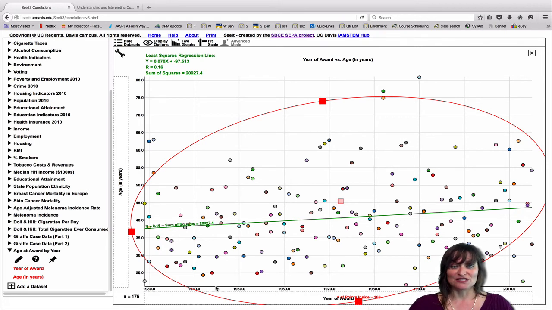In order to assess that, we would find 1945 on our x-axis, and we would follow that up to the line of best fit, and then we would follow that across to the y-axis and see what value of y is associated with 1945 for the value of x.